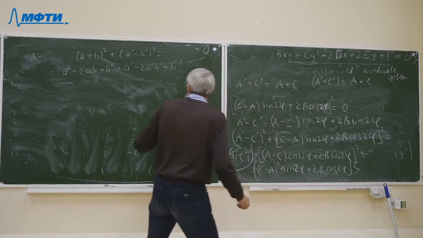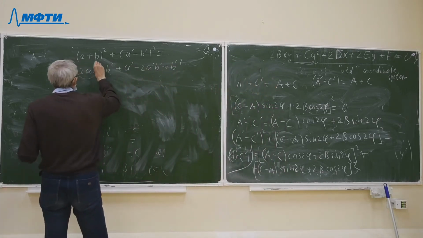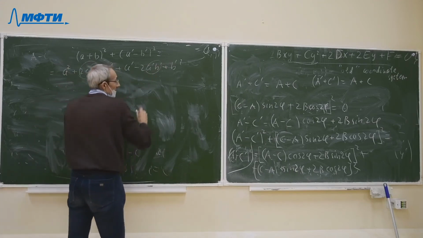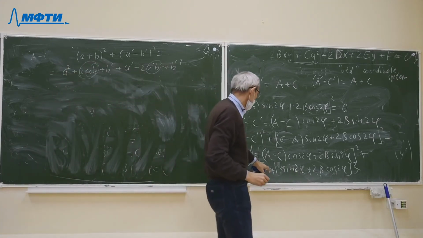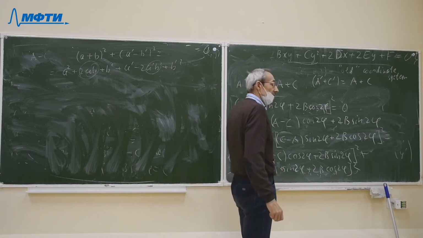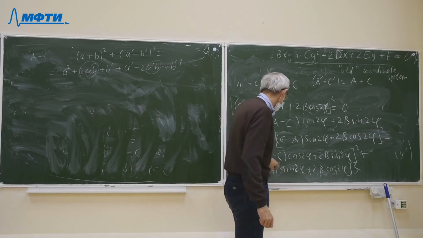And easy to see that this expression AB and A prime B is equal. And we can subtract from this.